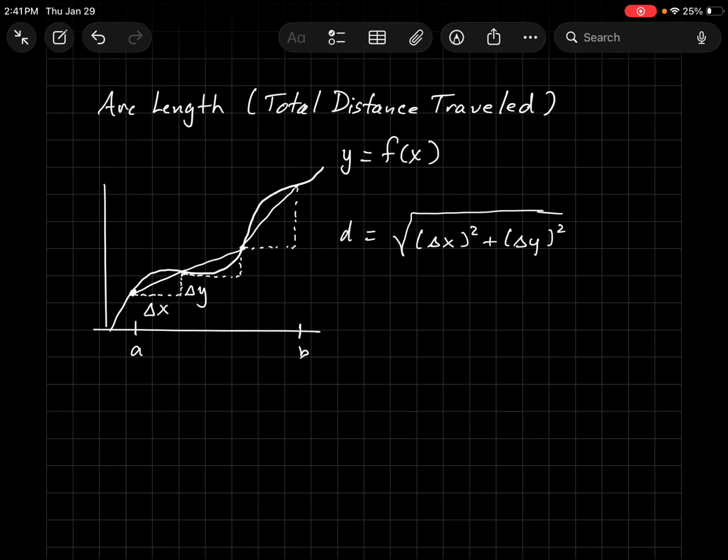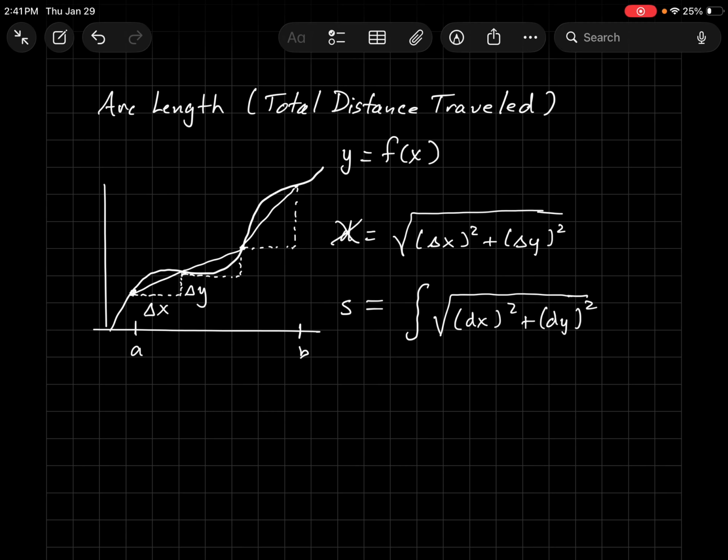And if I shrunk it down and then added all of these pieces together, I would get the sum of dx squared plus dy squared. Now, I'm going to call this S instead of D. S is a typical letter that they use for arc length.